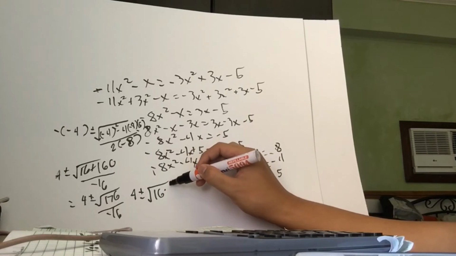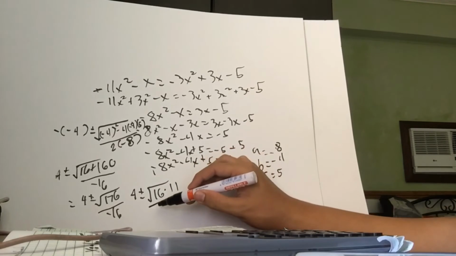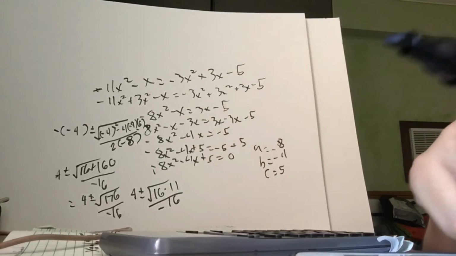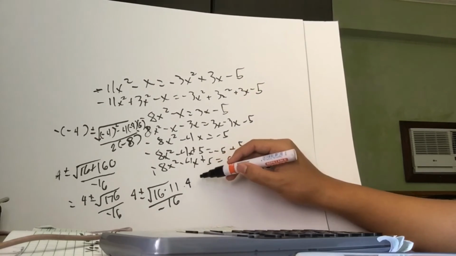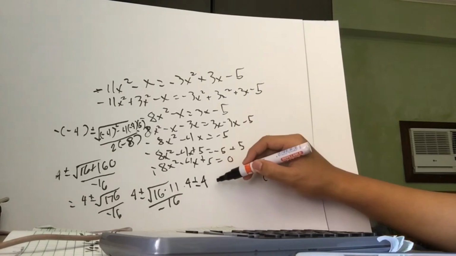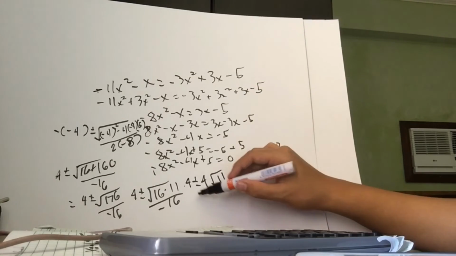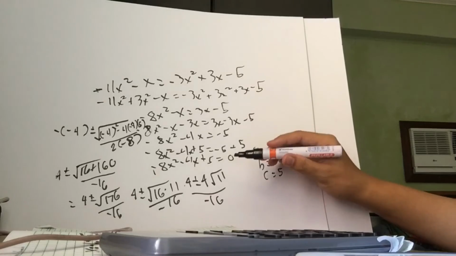This will become 16, 11, so over negative 16. Then it will become 11, then still over negative 16.